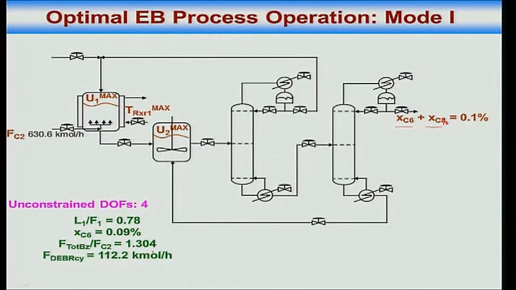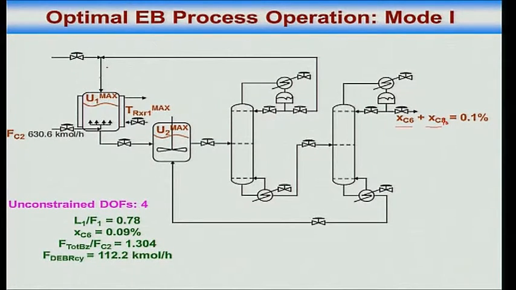Here, this is total benzene going to the reactor. So this is about 1.3. Similarly, it turns out that the recirculation rate of diethyl benzene is 112.2 kilomoles an hour. This is mode 1. Agreed? So this is what the optimizer gives me.